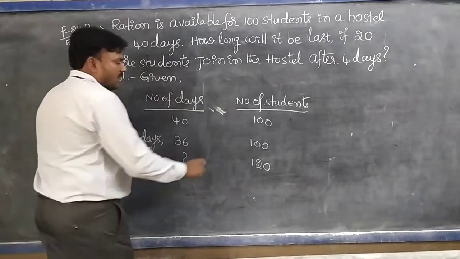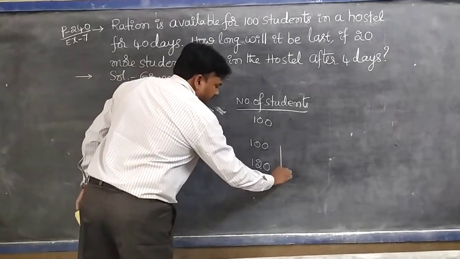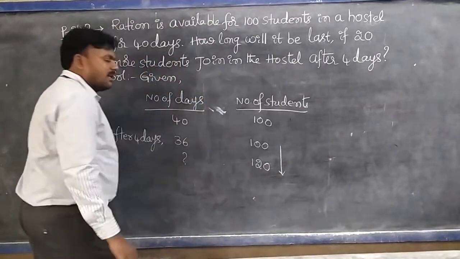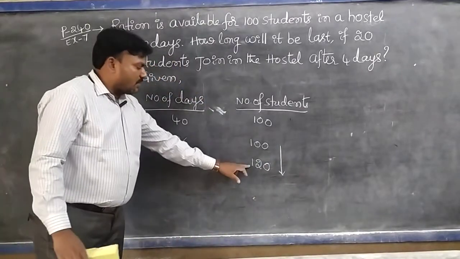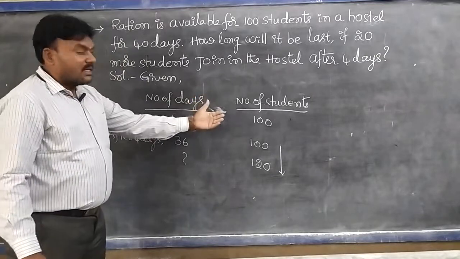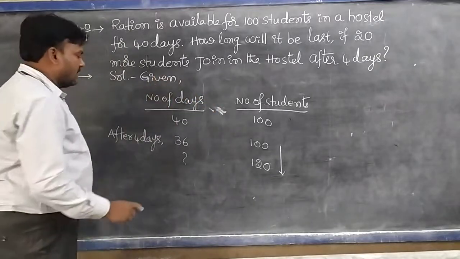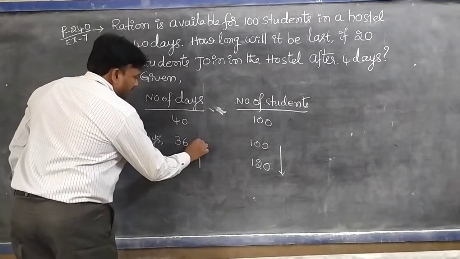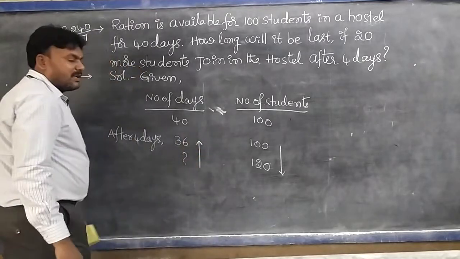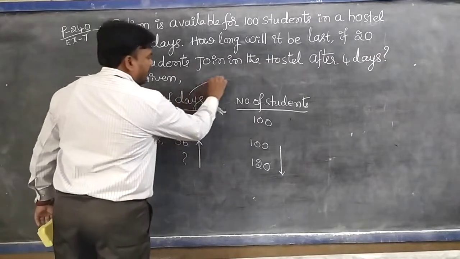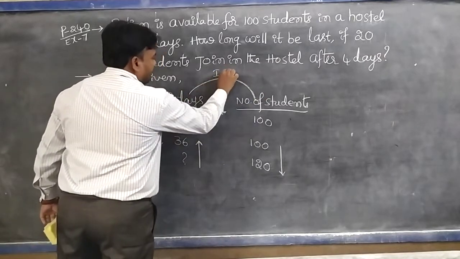Here observe, number of students increases, 100 to 120. Automatically, if students increase, number of days decreases. Why? Both are inversely proportional. Then both are in inverse proportion, students.